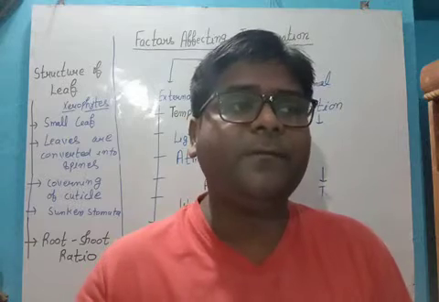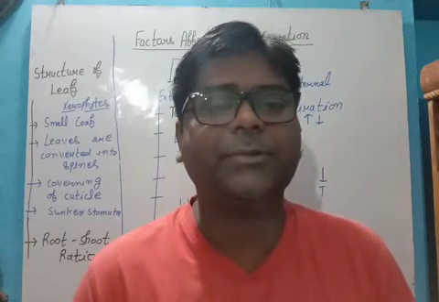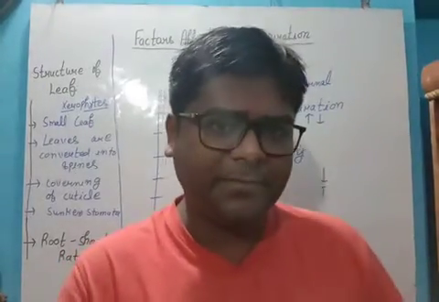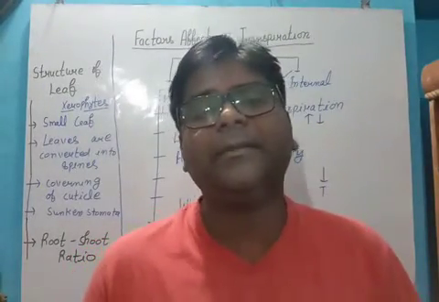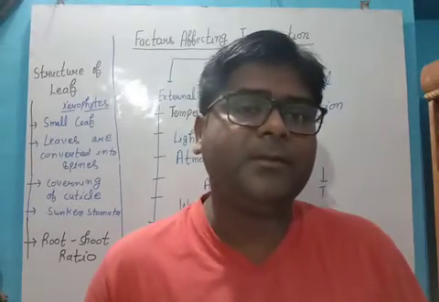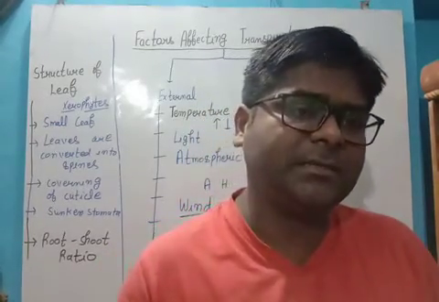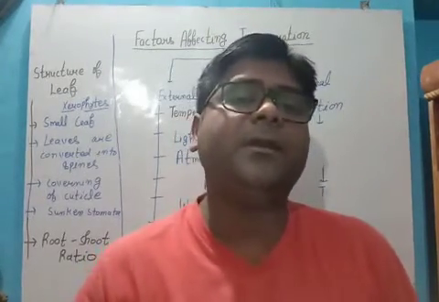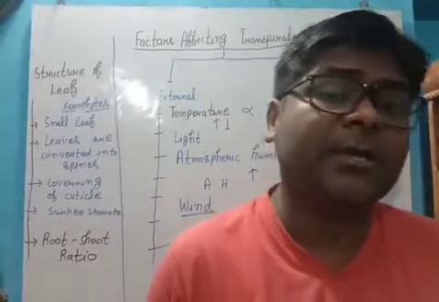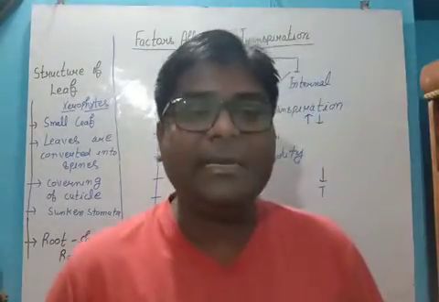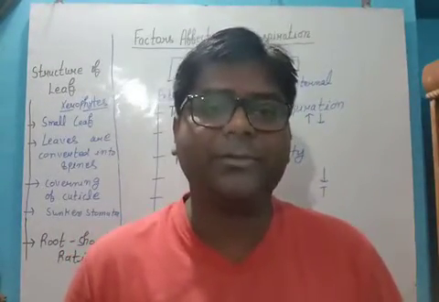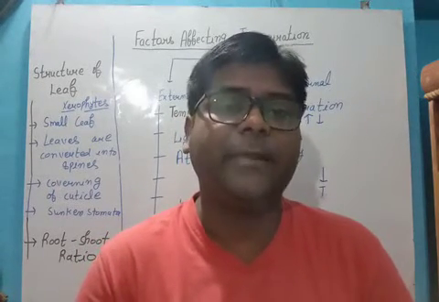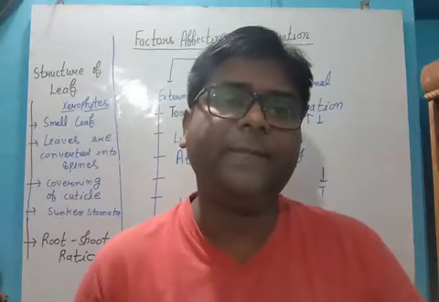Whenever there is an increase in root shoot ratio, there is an increase in absorption. When roots increase, absorption increases, and when absorption increases in that proportion, the shoot also increases, and then transpiration increases. So the concept is: an increase in root shoot ratio increases the rate of transpiration. These are the two internal factors.